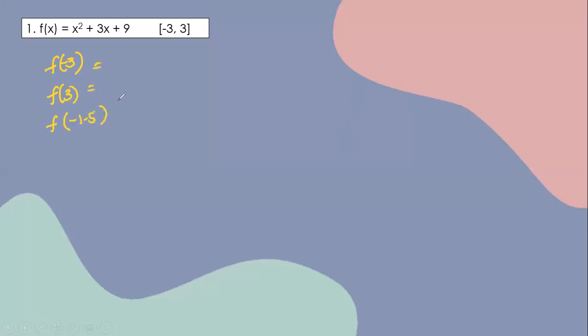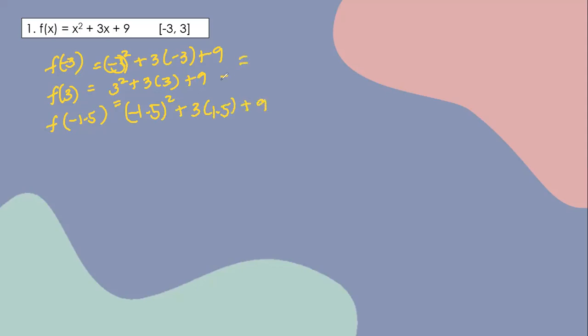So negative 3 squared plus 3 times negative 3 plus 9. 3 squared plus 3 times 3 plus 9. And then negative 1.5 squared plus 3 times negative 1.5 plus 9. Okay? So kung mapapansin natin, sinubstitute lang natin sa x yung mga values of x, yung endpoint tsaka yung critical point.